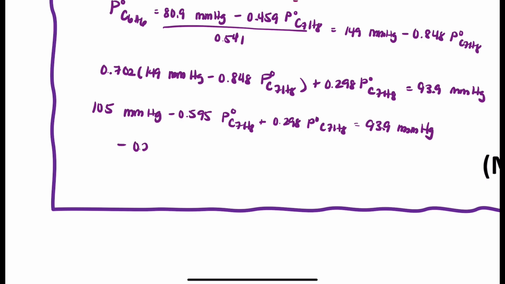I get 0.297 partial pressure of C7H8 is equal to negative 11.1 millimeters of mercury.